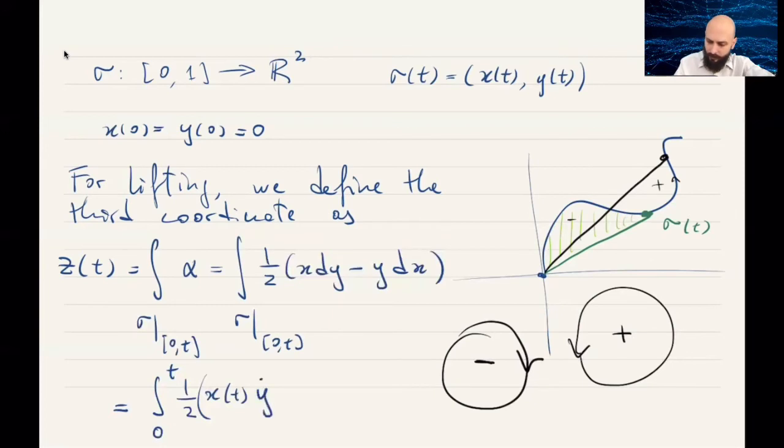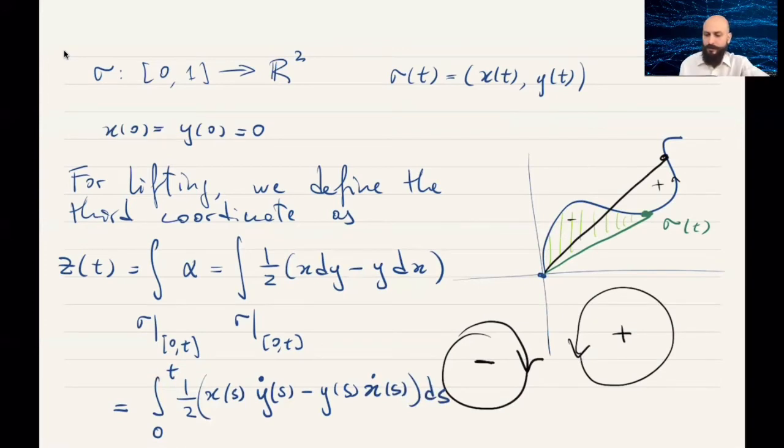I cannot call the variable t because t is the endpoint of the integration. Let's call it s. So y dot, with the dot I am indicating the derivative, minus y of s, x dot of s, integrated in s.